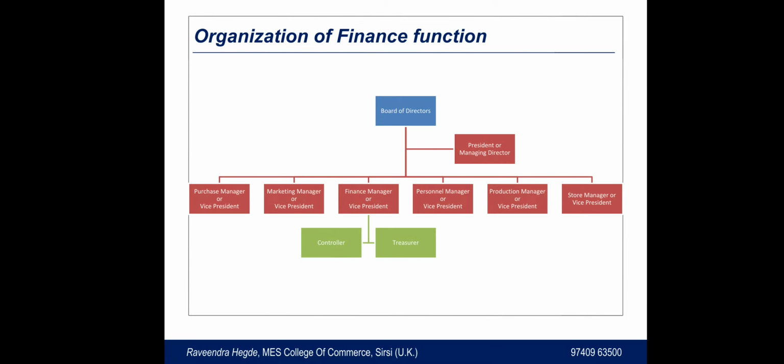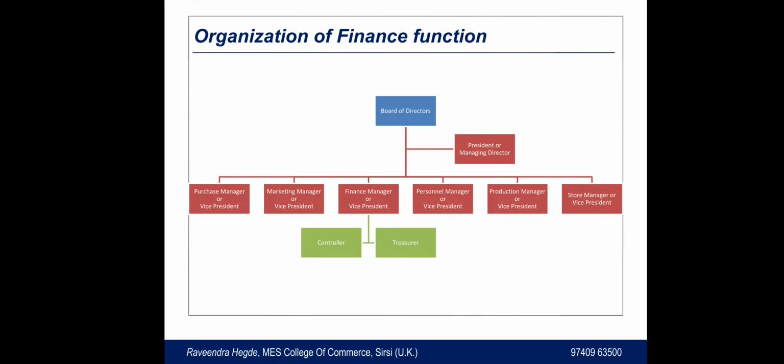You are seeing the organization chart on the screen. This organization chart indicates three levels of financial management, that is top level management, mid level management and bottom level management. Dear students, the top level management constitutes board of directors and managing director or president.